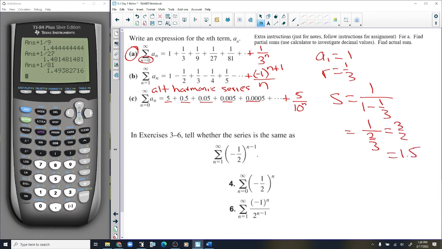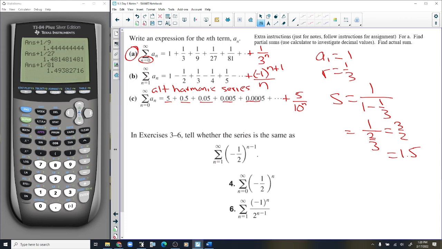So we have a formula to see what it converges to, but what if it was such a crazy a sub n that you really didn't have a formula, or you really didn't want to come up with one? Well, you could throw this into a spreadsheet, look at the numbers, and decide fairly quickly what it's probably approaching.